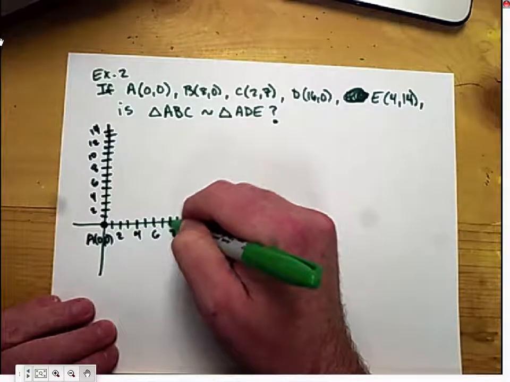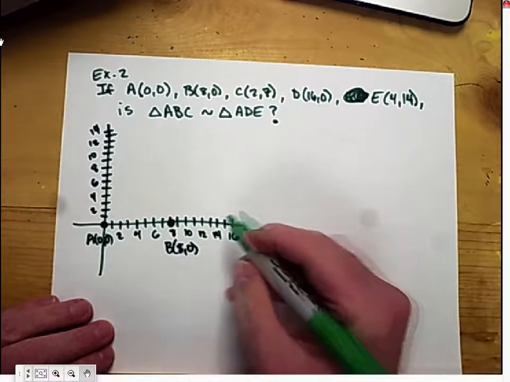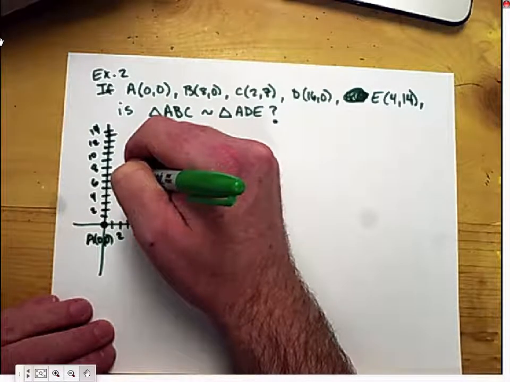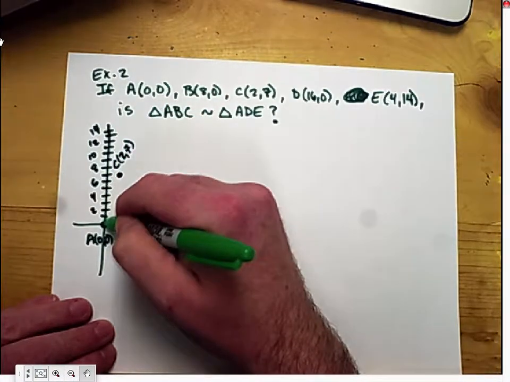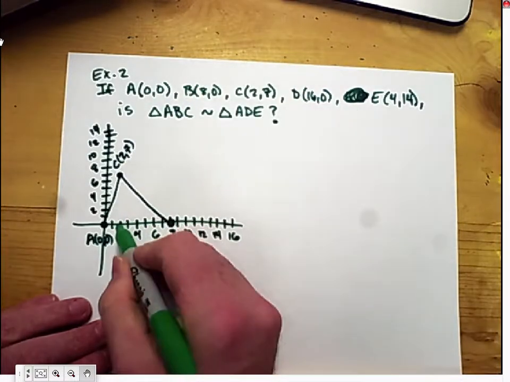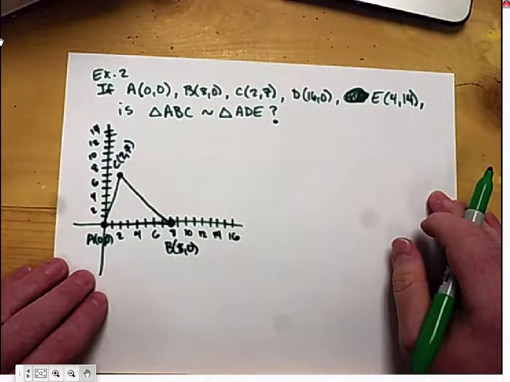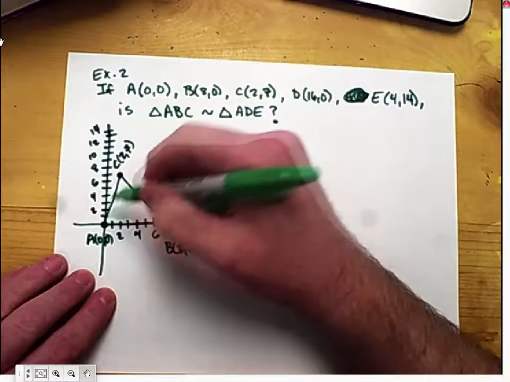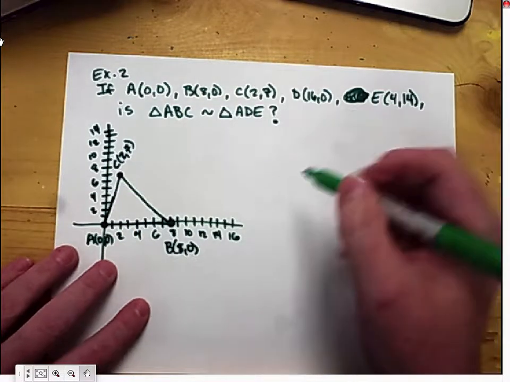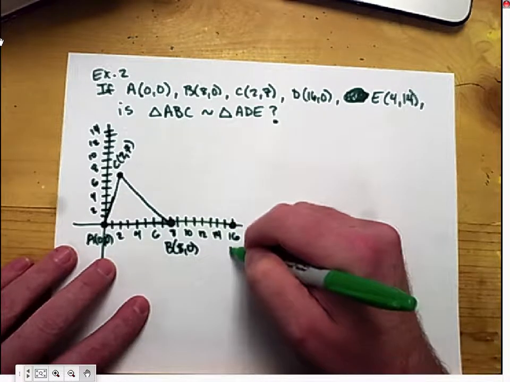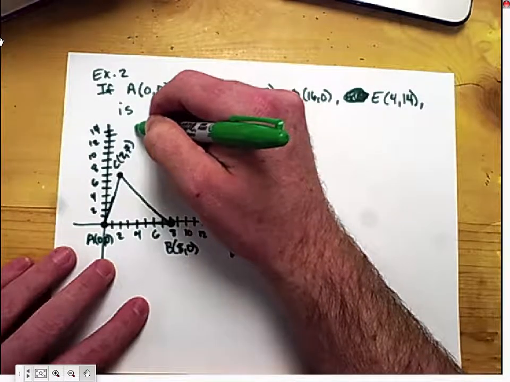B is 8, 0. C is 2, 7. So we've got triangle ABC. Okay. Then we've got D is 16, 0. And E is 4, 14.